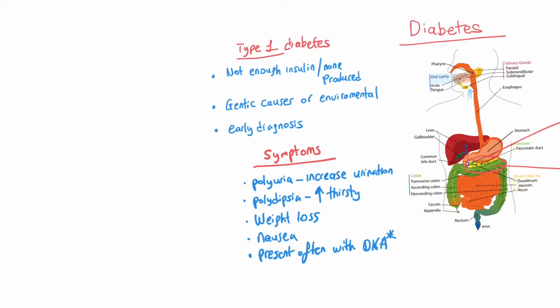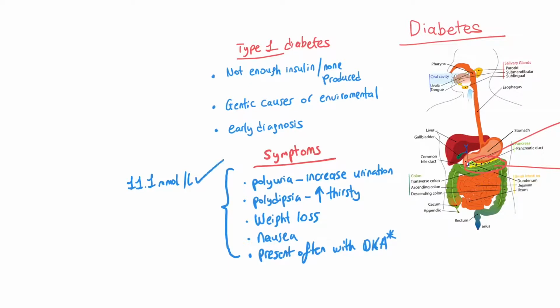At this point as a PA, if you see this patient and you suspect diabetes and they're symptomatic, you ought to do a quick blood glucose prick test. If their sugar level is above 11.1 millimole per liter, you're confirming that they've got diabetes.